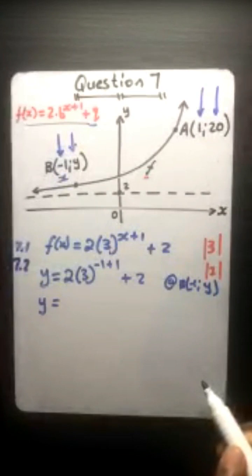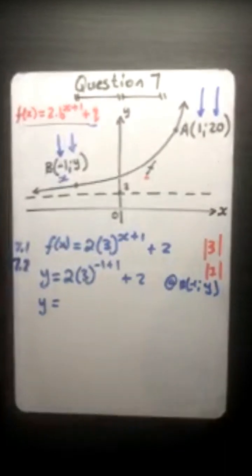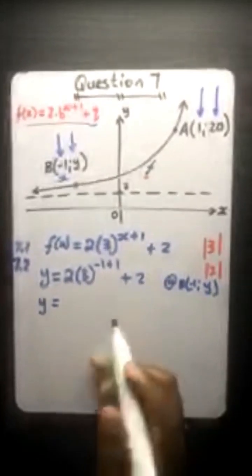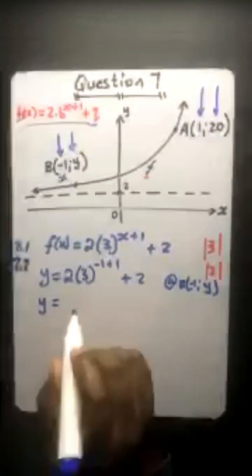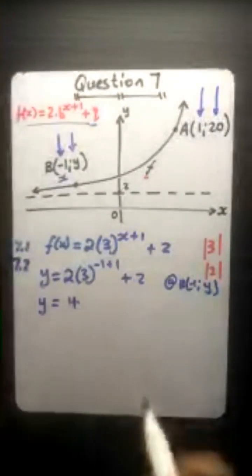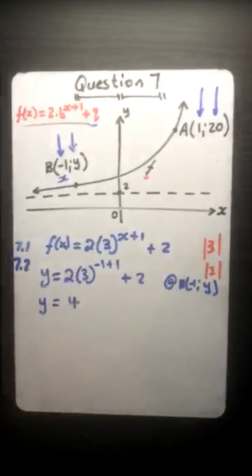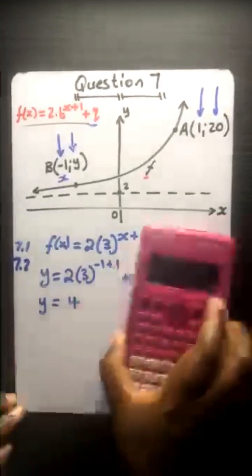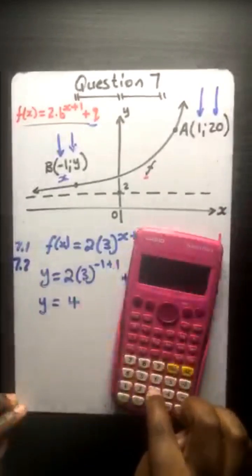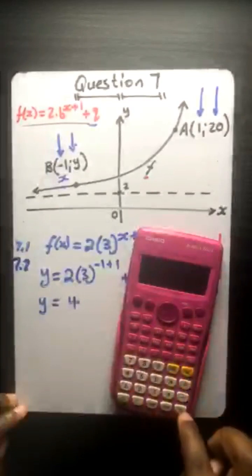Anyone who has calculated the y coordinate? 4. Did someone say 4? Is it really 4? Guys, is it 4? 2 into 3 to the exponent -2 plus 2.